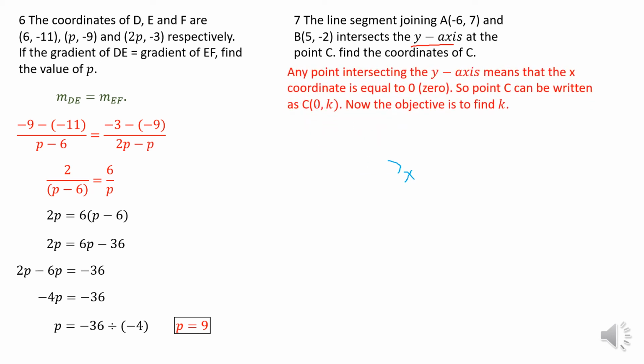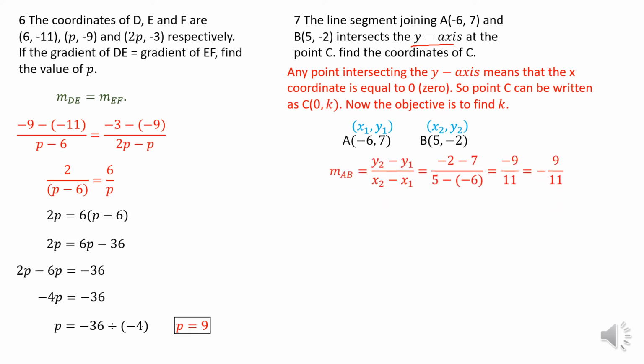All right, so obviously we are going to find k, and in order to find k, we are going to definitely take the gradient of AB. Once we have the gradient of AB, which is negative 9 over 11, because the lines are intersecting, they're just saying intersect, they're not saying perpendicularly, so at that particular point of intersection, the equations are equal, so you can then find k by equating the gradient using A and the point C, which I already decided.